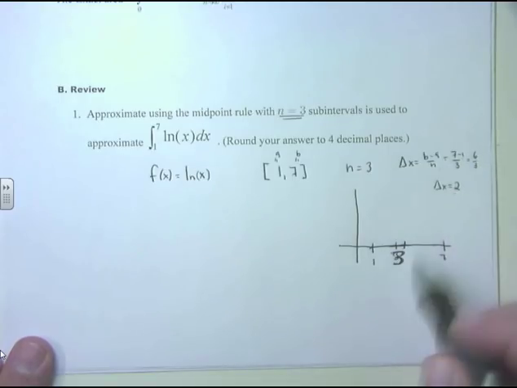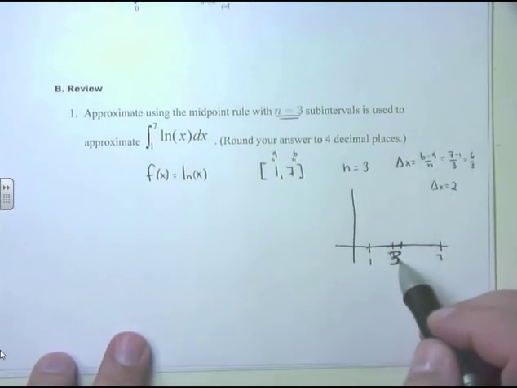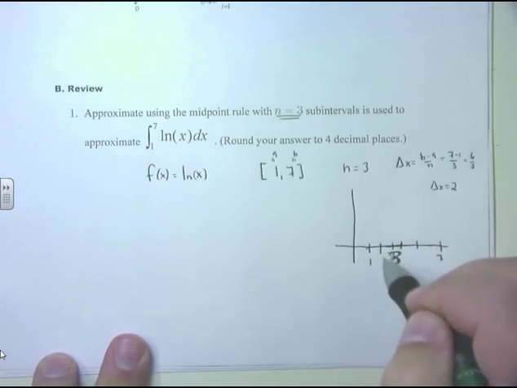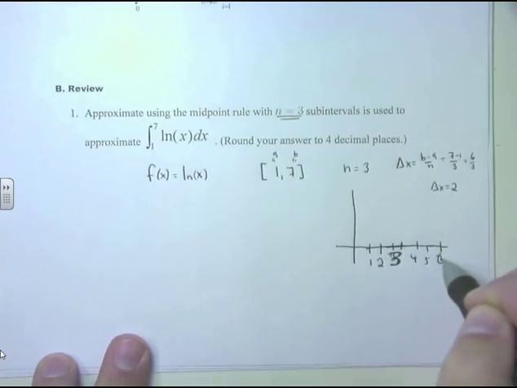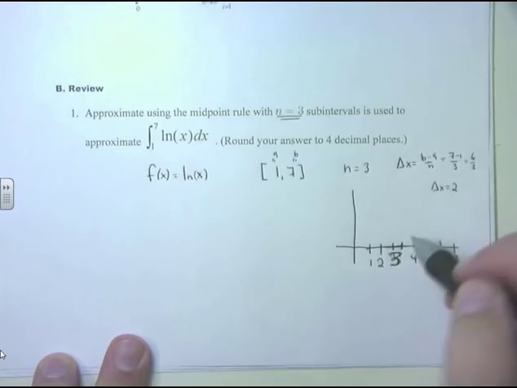Delta x is 2, so we need to mark every 2 units. 1, 2, 3, 4, 5, 6, 7. Let me actually put hash marks in here. This would be better if I wrote it evenly, so you can read this.